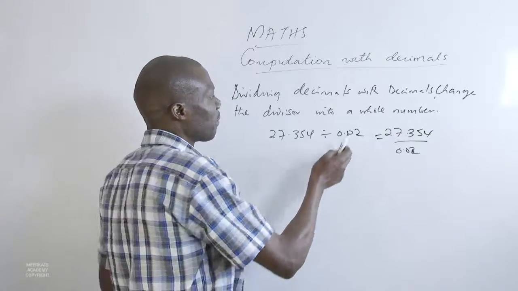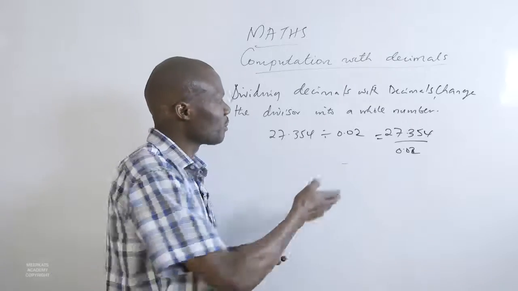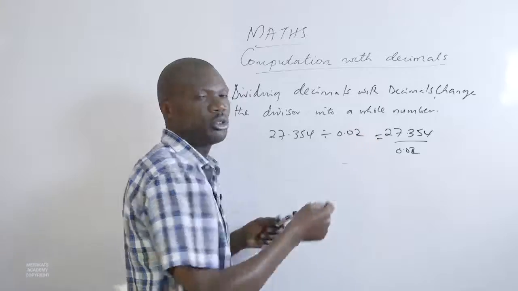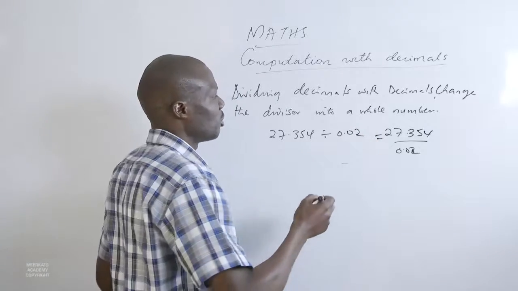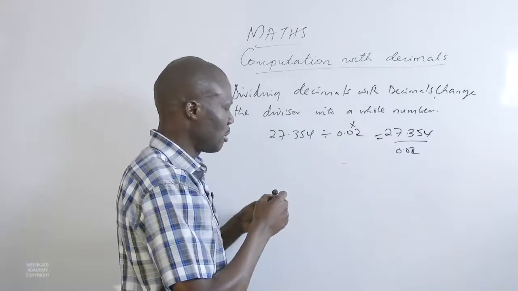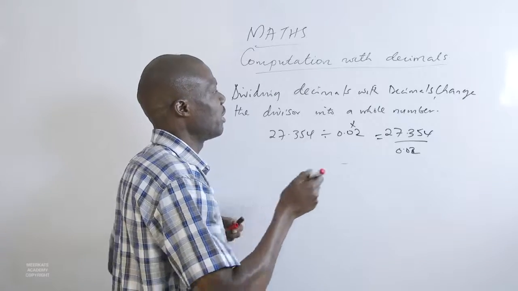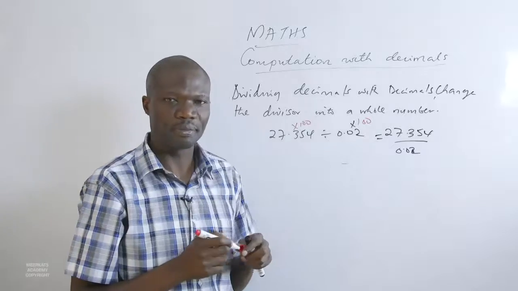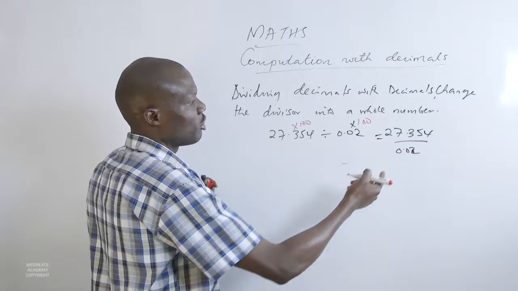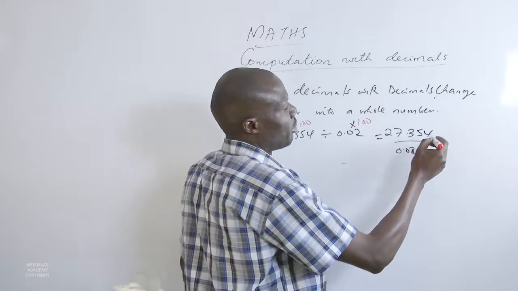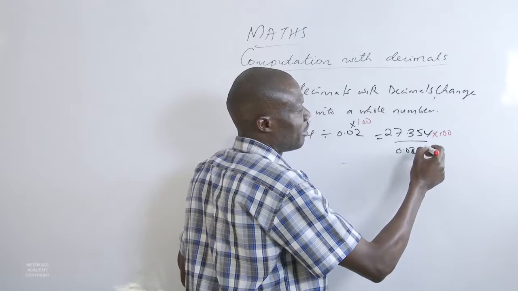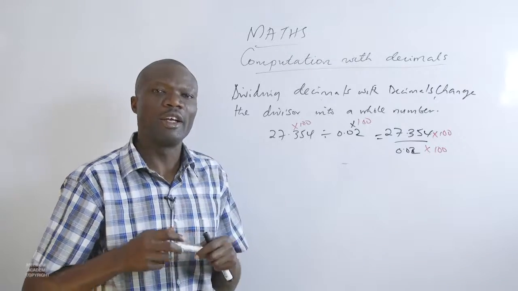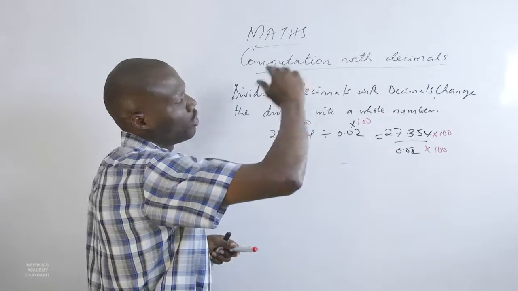So for us to make this a whole number, you'll notice that I'll need to multiply by what? 100, so that I move 1, 2 decimal points. So multiply this by 100. Multiply this one also by 100. If you are using the fraction type, multiply this by 100, multiply down by 100. When you are multiplying, the decimal point moves to the right.